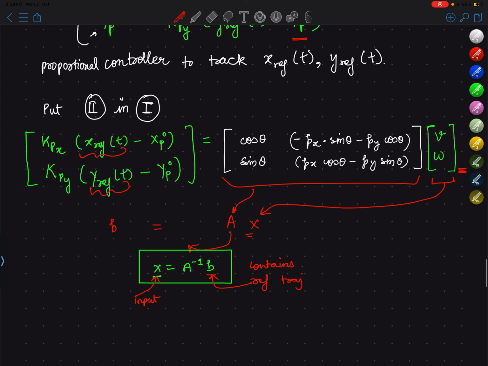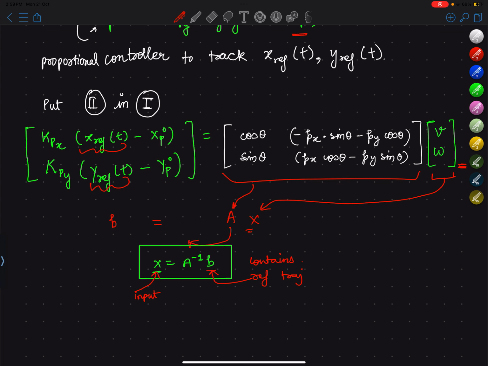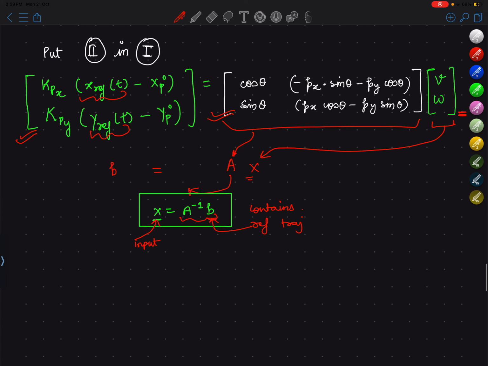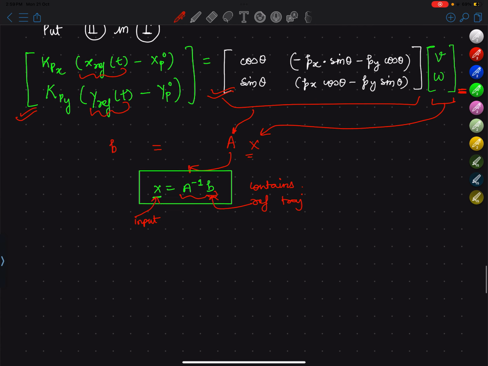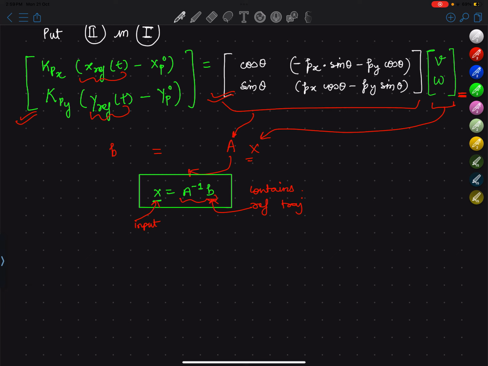So if you want to traverse point P with some xref and yref, the input v and omega you can give is basically A inverse b, where A is this matrix and b is this vector. It turns out calculating A inverse is really easy here because it is only a 2 by 2 matrix, so we can find it in analytical form.